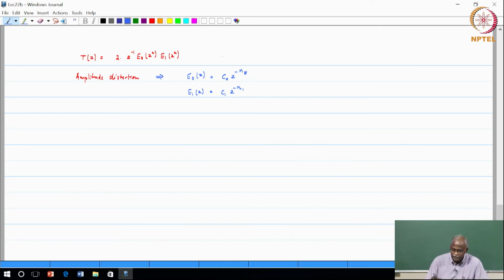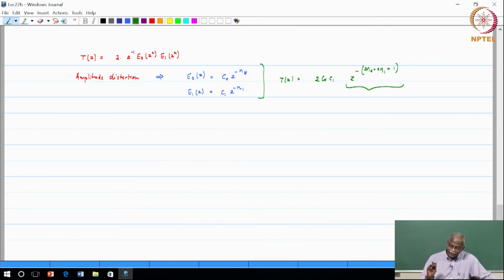If you satisfy this, then T of Z becomes some scale factor, basically 2 times C naught C1, times Z power minus, no, 2 N naught plus 2 N1 plus 1, because it is Z squared. Okay. So this is the overall delay.